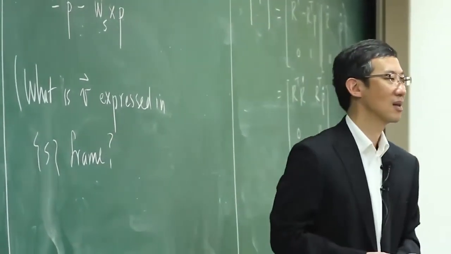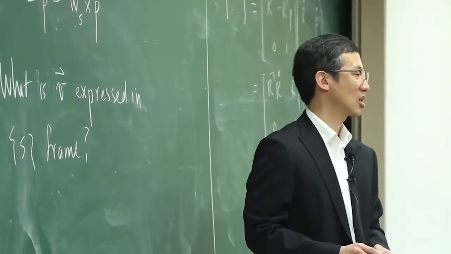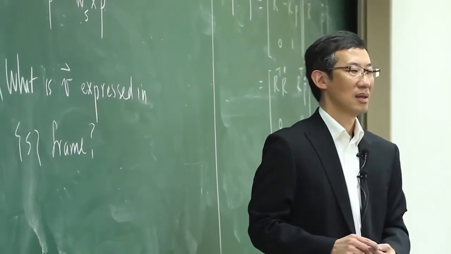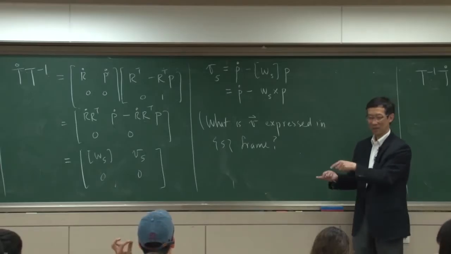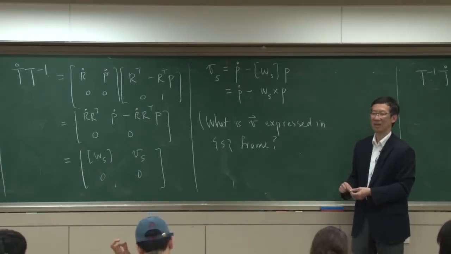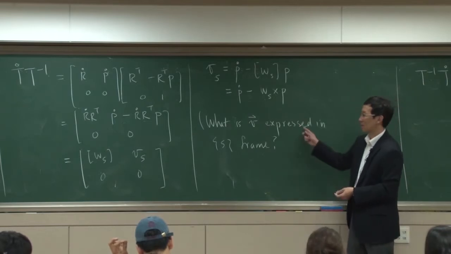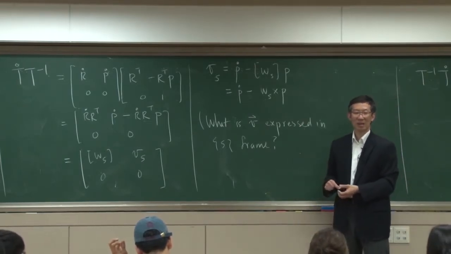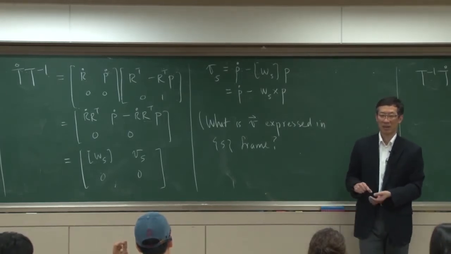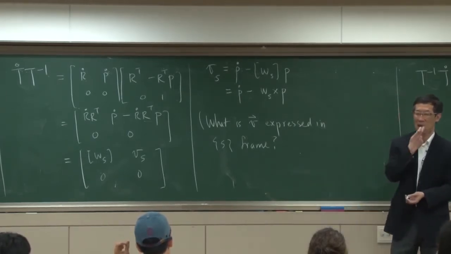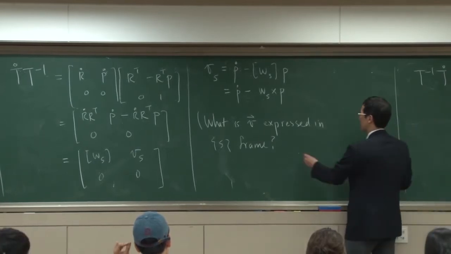Anybody? What should it be? Take a wild guess. Look at your formula, look at your picture. If somebody asked you this question, what would you say? It's P dot.